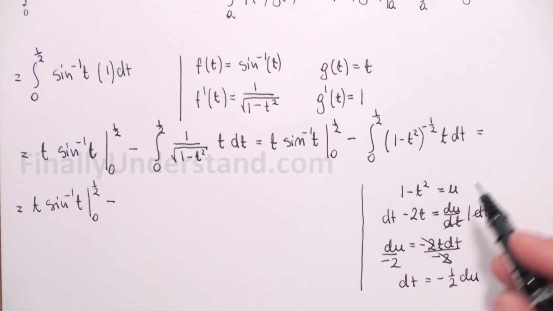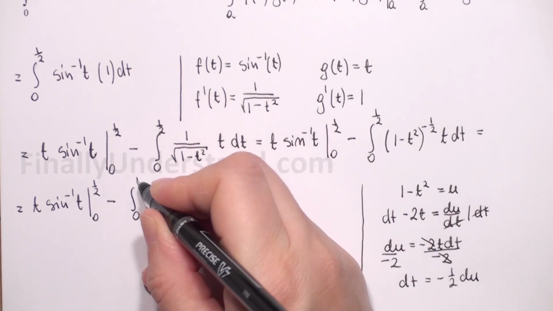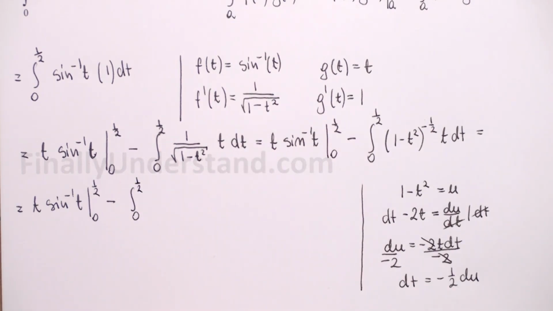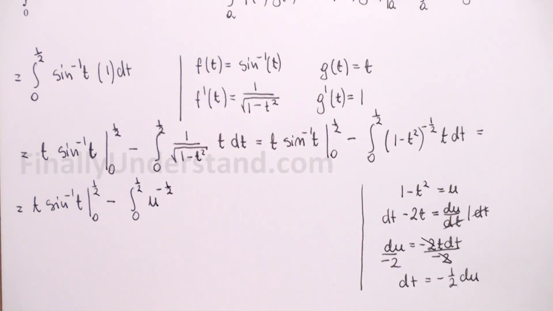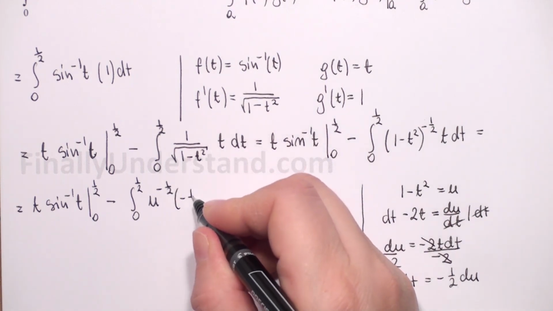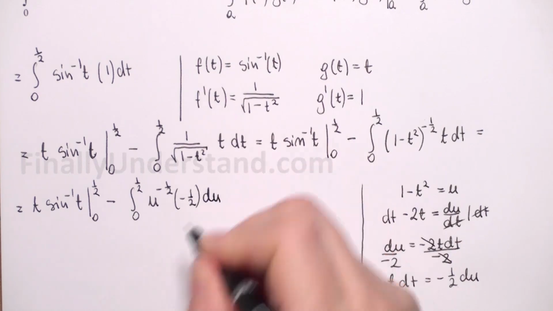So we will have the integral from 0 to 1/2 of 1 minus t squared, which is u, to the power negative 1/2 we have to copy, and for t dt, of course, negative 1/2, we will put in parentheses, du.